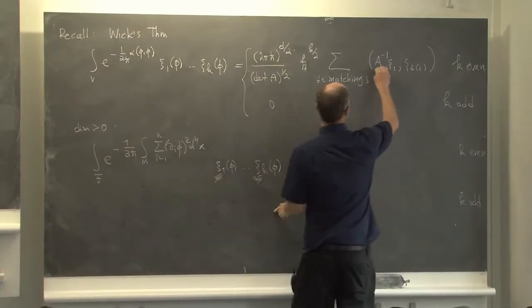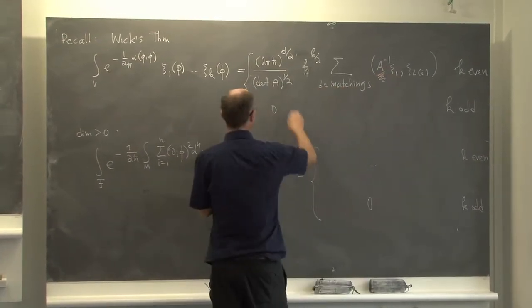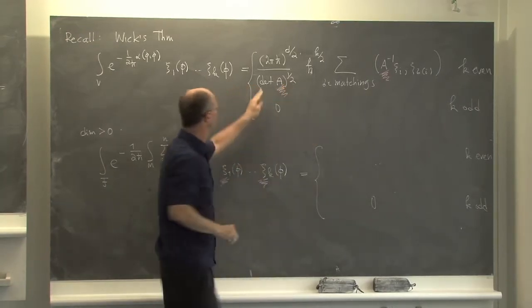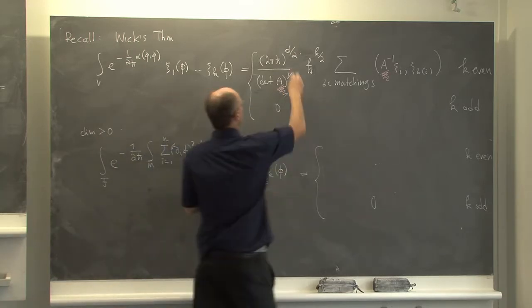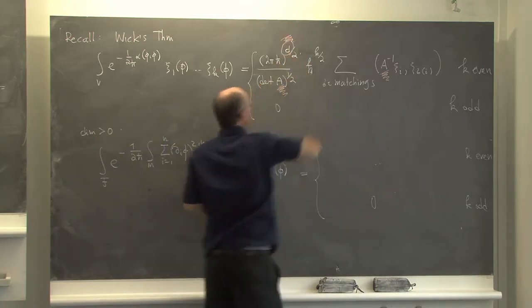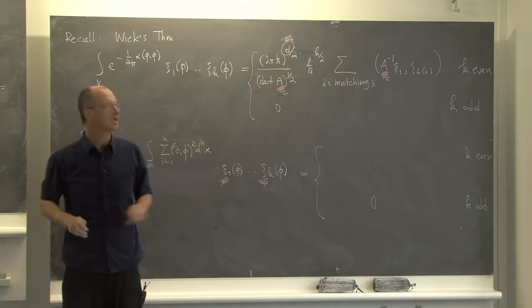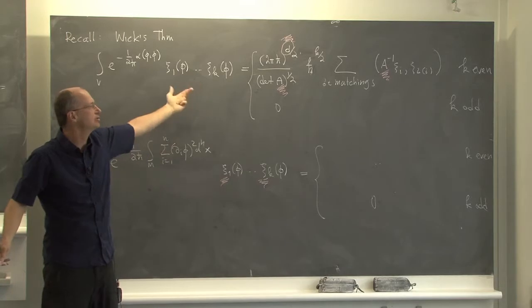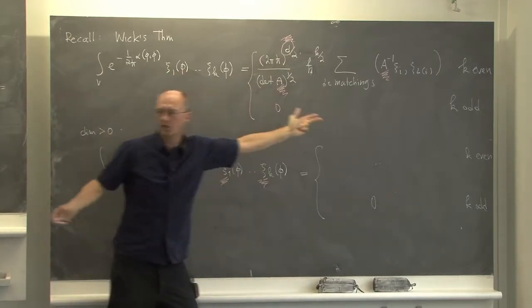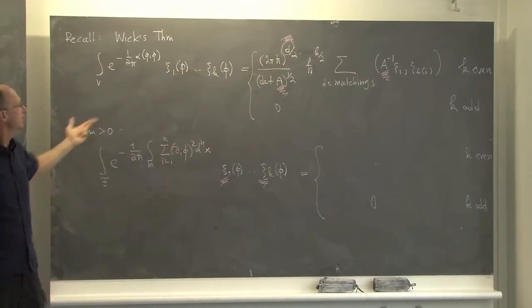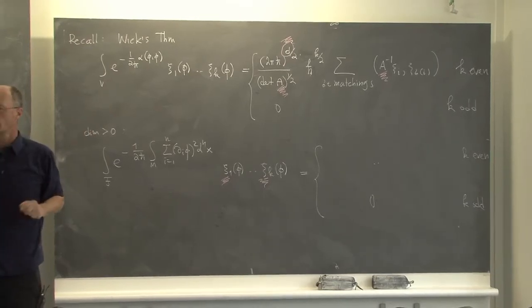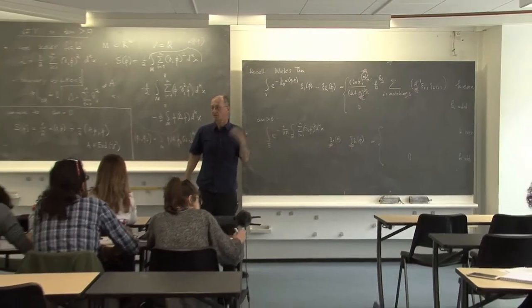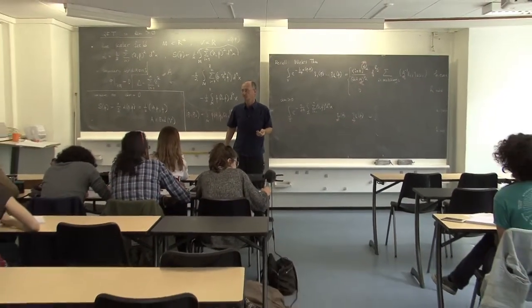We need to make sense of this A minus 1, and we need to do something with the determinant of A, and we need to do something with h, right? So these are the problematic ones. So at least we need to give some interpretation to these questions if you want to use the formula as a definition. So I'll discuss some of these questions, and I'll answer some of these questions after the break.